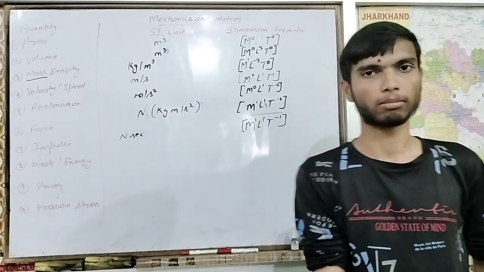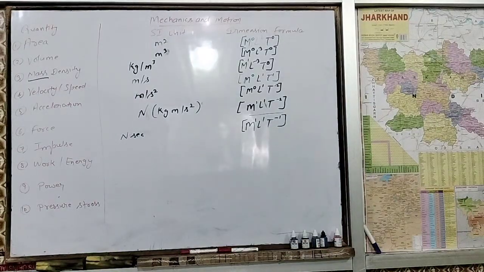M1 L1 T raised to power minus 1. So remember, the SI unit for impulse is Newton into second. Next we have work, joule.